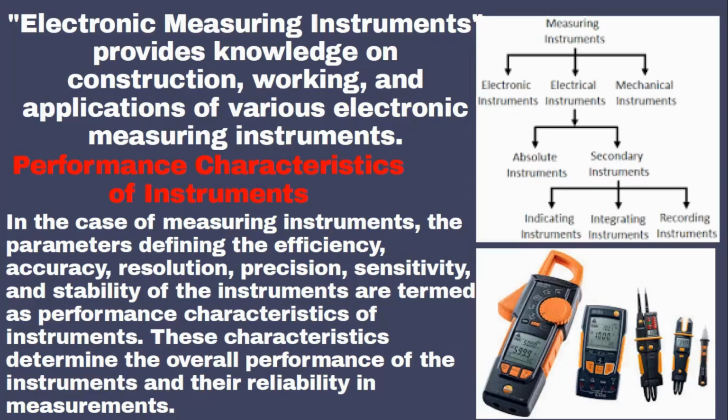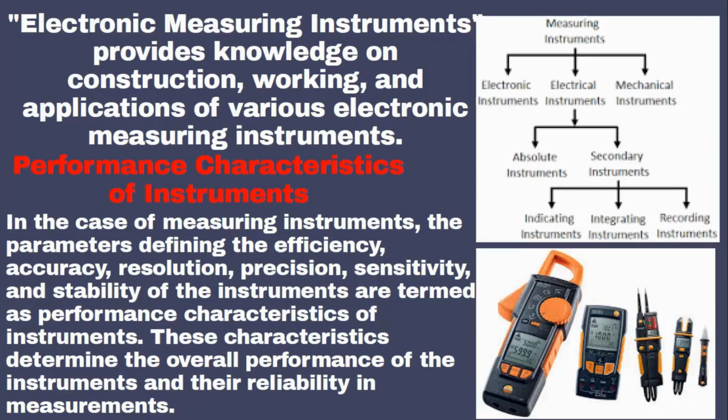Okay. On the right hand side on the top, you can see measuring instrument. There are different categories: electronic measuring instrument, electrical measuring instrument, mechanical measuring instrument. We are not discussing mechanical measuring instruments. We'll mainly discuss electrical and electronic instruments, because the instruments used for electrical purposes are also used for electronics, and electronic ones are used for electrical.